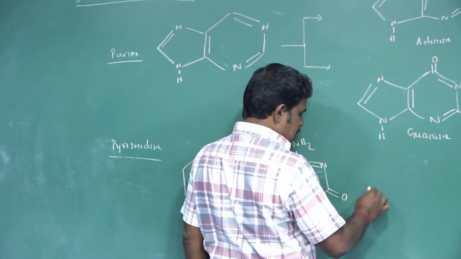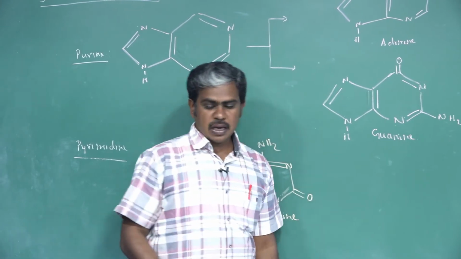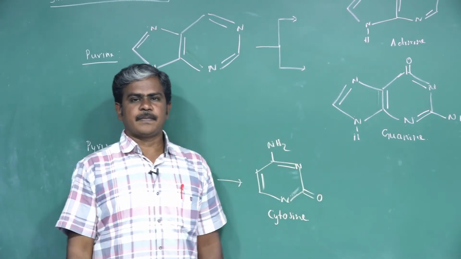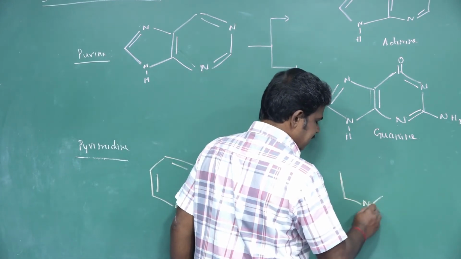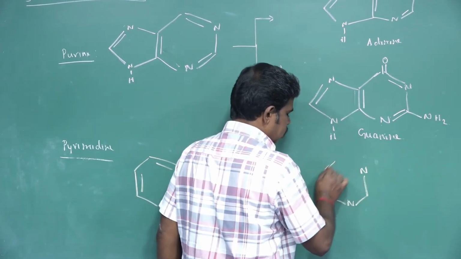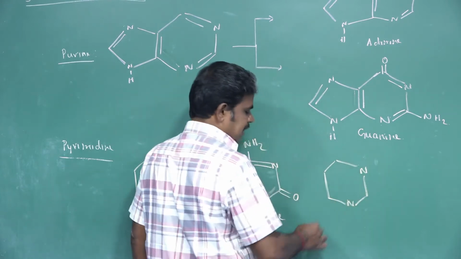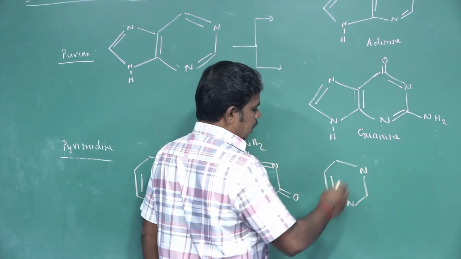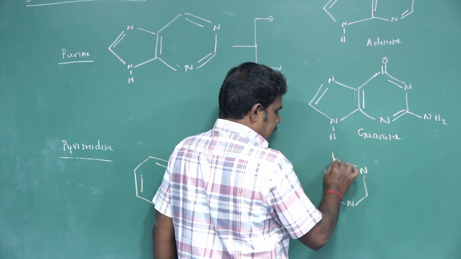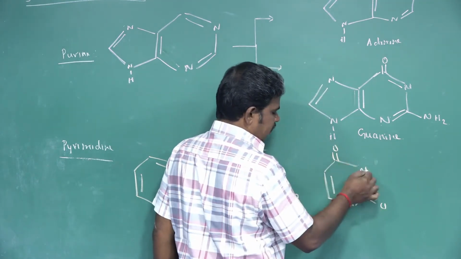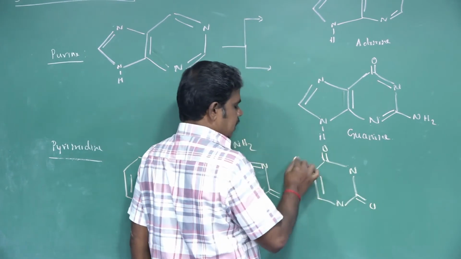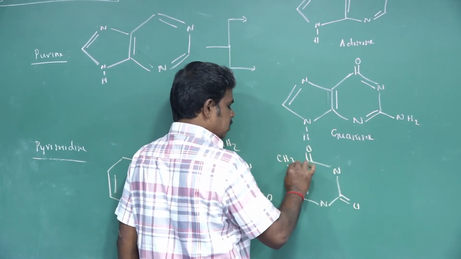And the next one is thymine. So we are taking the thymine structure. Here the bond, and double bond O, and here double bond O. And here it has a CH3 group.